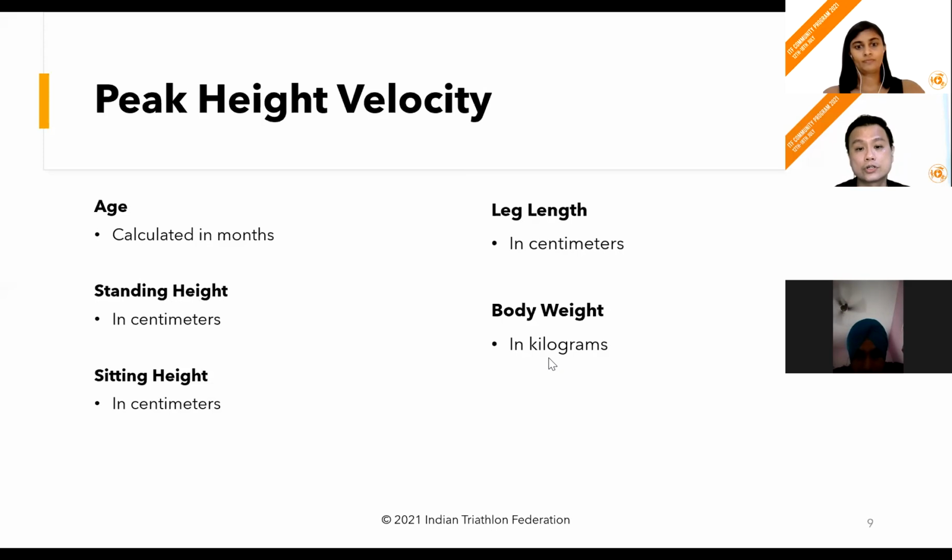You also want to take into consideration body weight in kg. So what comes to your mind right now might be, what do I do with peak height velocity? Peak height velocity will help you establish when the child has reached puberty itself.